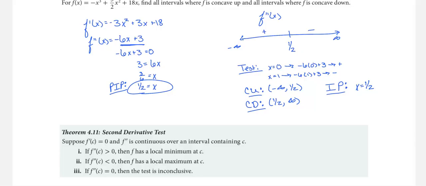So the second derivative test allows us to look at whether we have a max or min by plugging numbers into the second derivative. So this is another way to tell, or to find, I guess would be a better way to say that, local extrema.